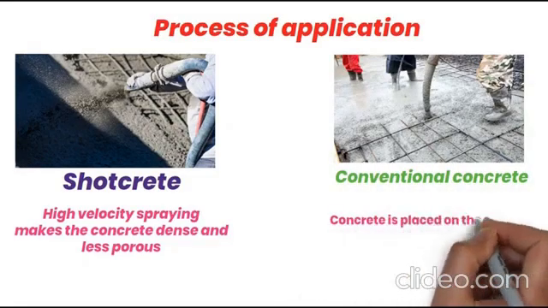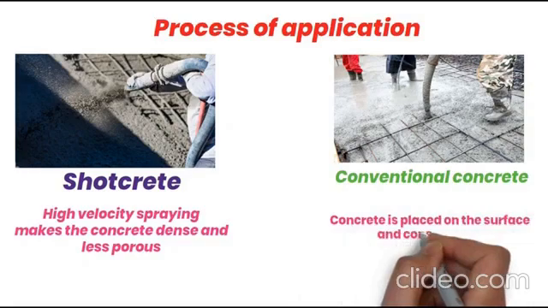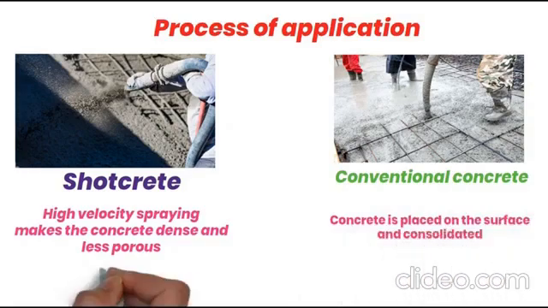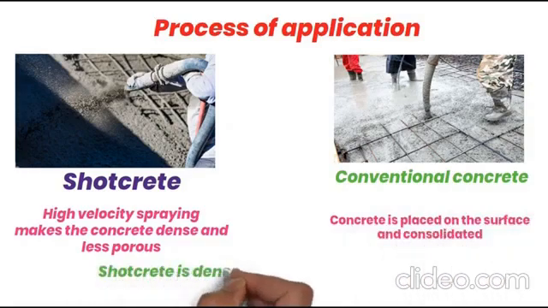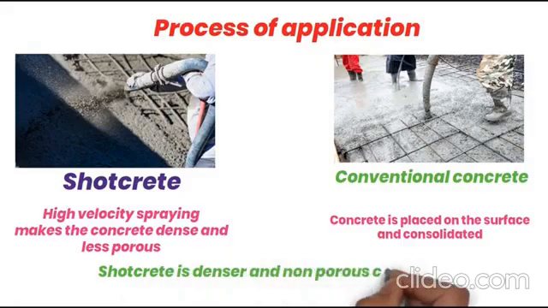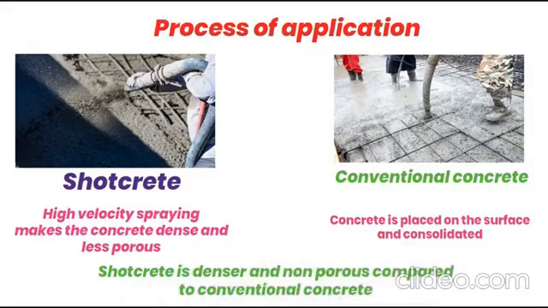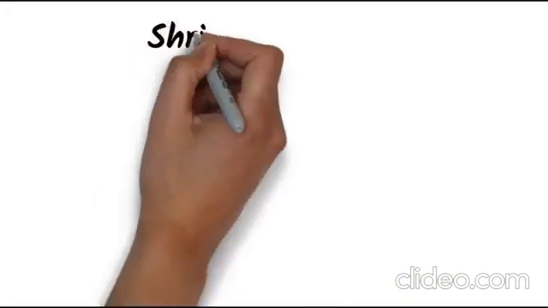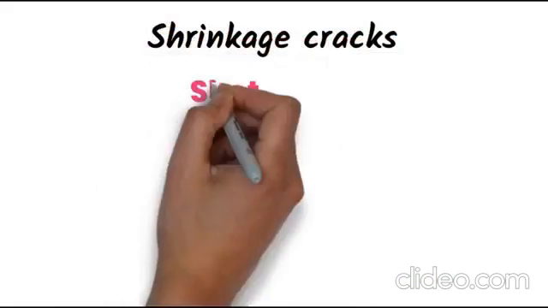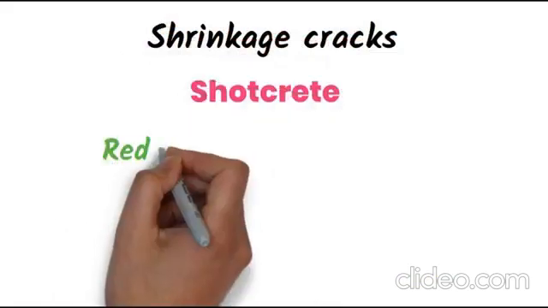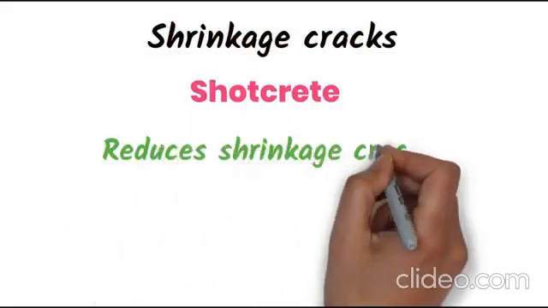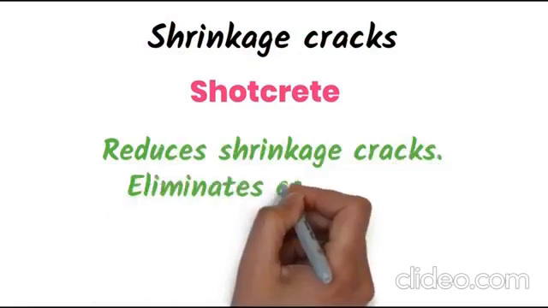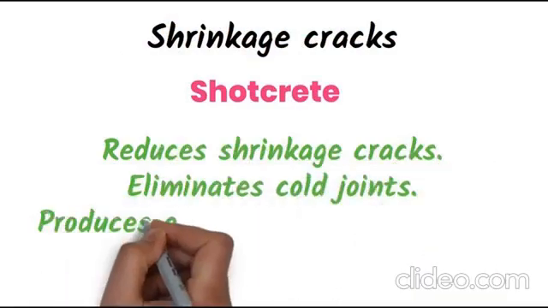Shotcrete is denser and non-porous compared to conventional concrete because of the method of application. Next is shrinkage cracks. Shotcrete reduces shrinkage cracks and eliminates cold joints, producing an even, non-porous and dense concrete.